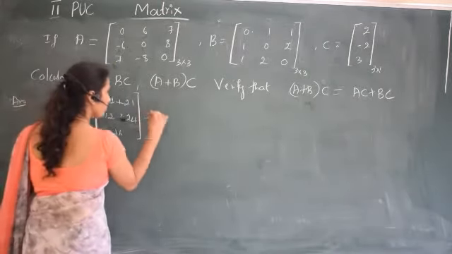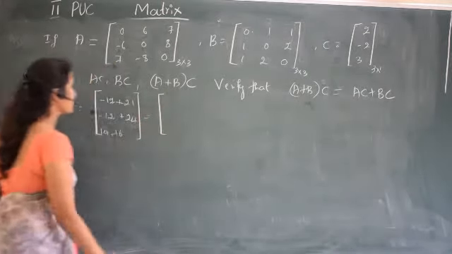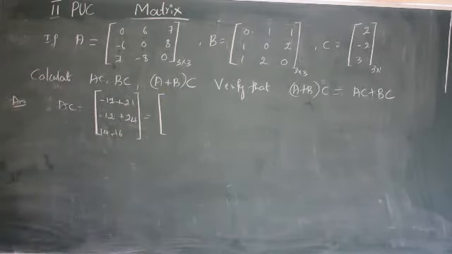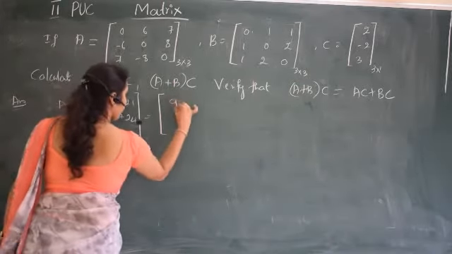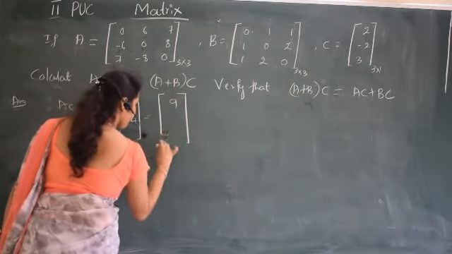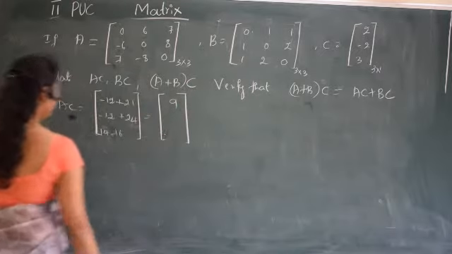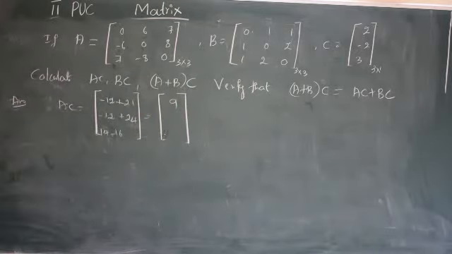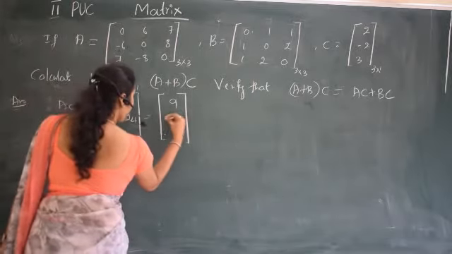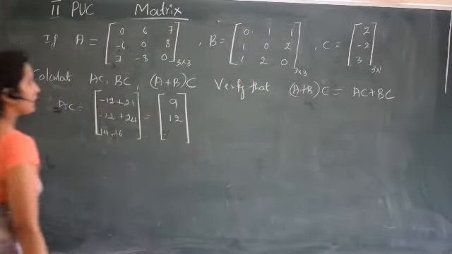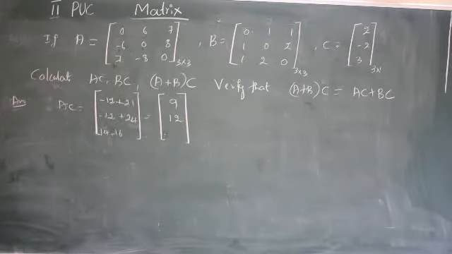So this is equal to: first row minus 12 plus 21 is 9, second row 24 minus 12 is 12.